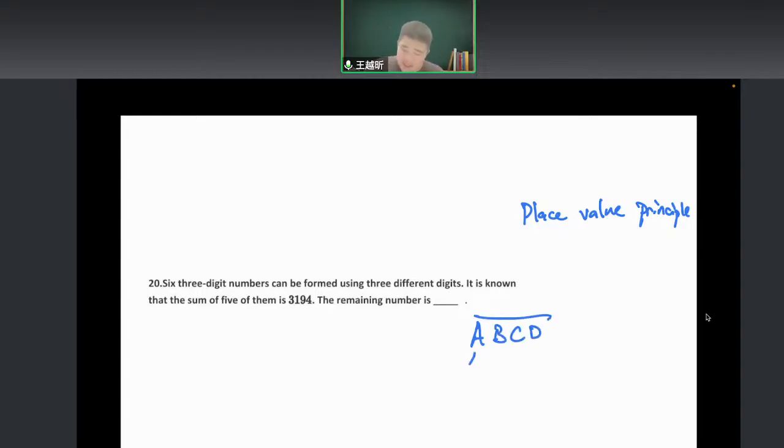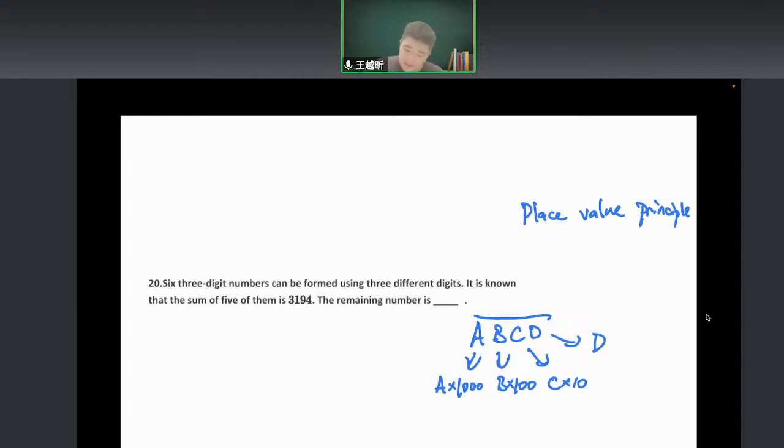A is the 1000th digit, so A actually means A times 1000. B is the 100th digit, so B is actually B times 100. C is the 10th digit, so C times 10. D is the 1st digit, so this equals D times 1.